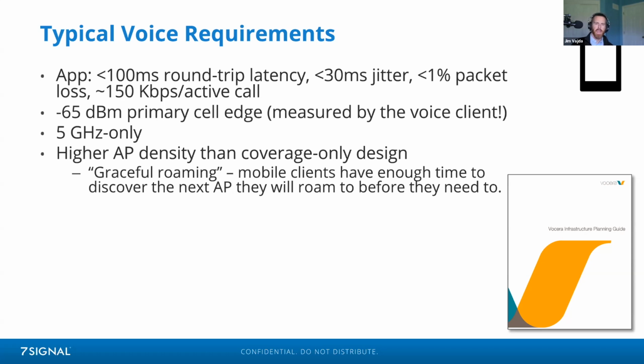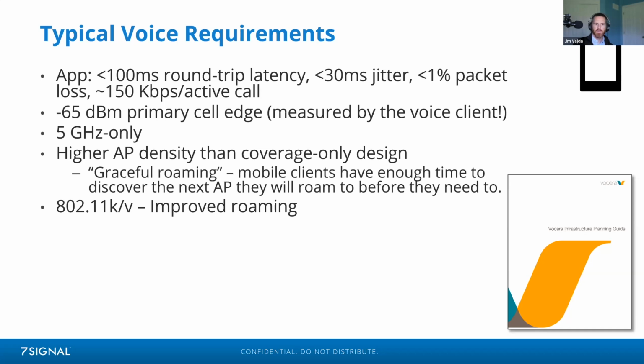We don't want panic roaming where a client discovers its next AP at the last second and after its SNR has dropped significantly. That causes packet loss and call breakup.